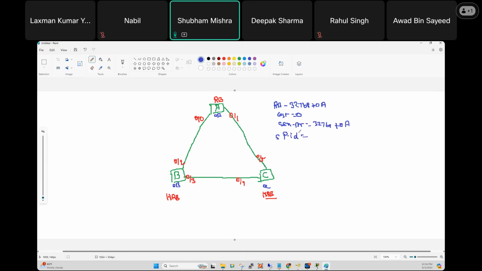Now, sender port ID. Sender port ID means the port ID through which the switch is sending the BPDU. So when this switch sends the BPDU through this interface, for example FastEthernet 0/6, what is the port ID? 128.6.